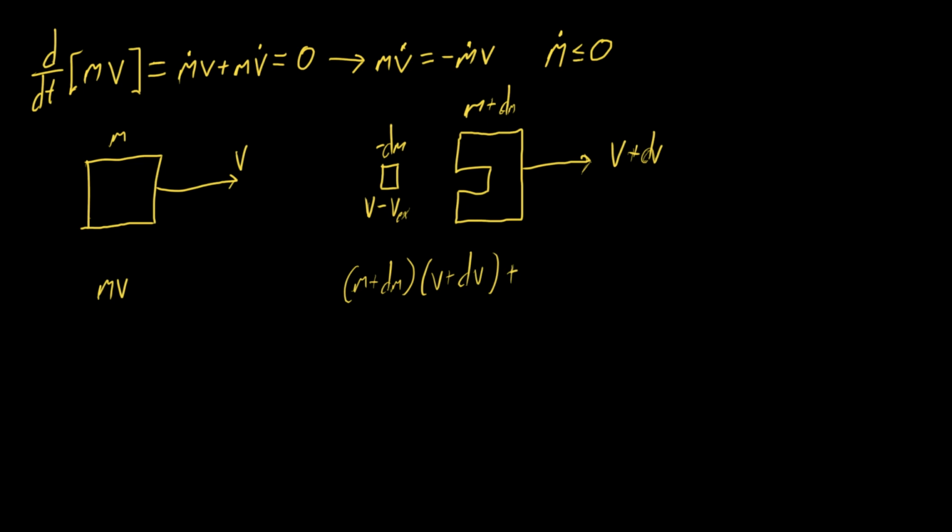And we're going to say that this has to be conserved. mv has to be equal to all this. So we take the velocity of this little bit of fuel and multiply by the mass, which is negative dm. This would be the p initial, and this would be the momentum final.